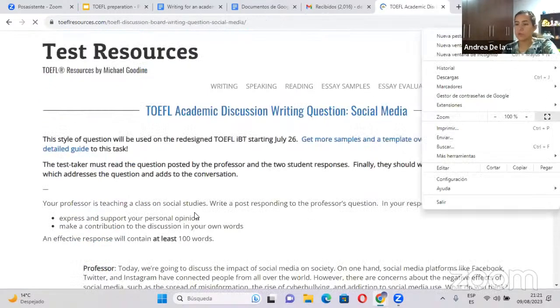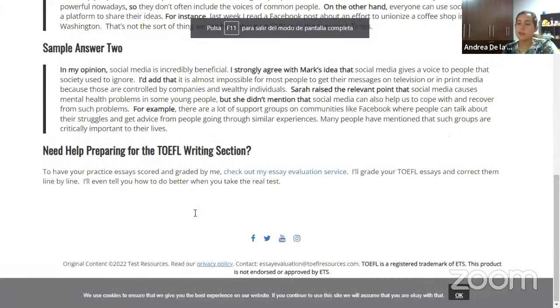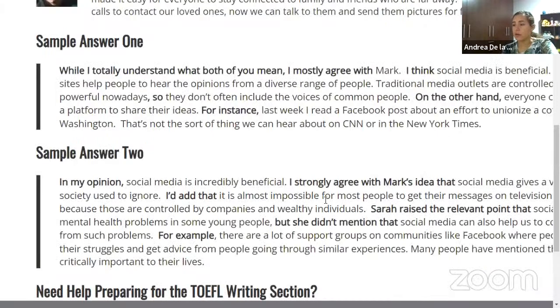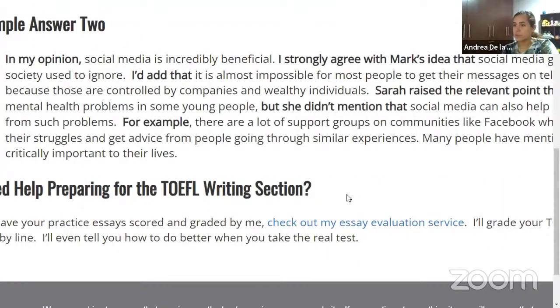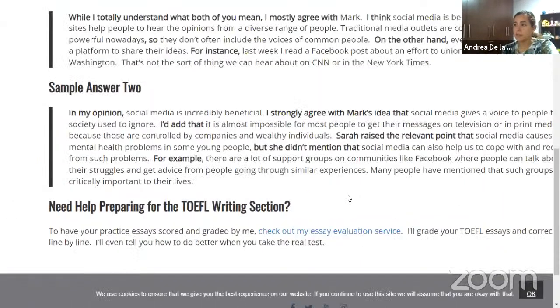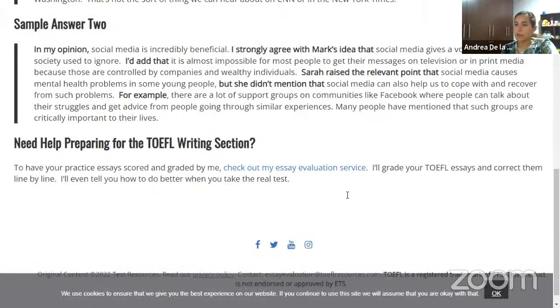Okay, so for example, we have some other sample responses here. We have two of them because there are many ways in which we could respond to this question, right? There are many ways. So let's read this sample answer too.